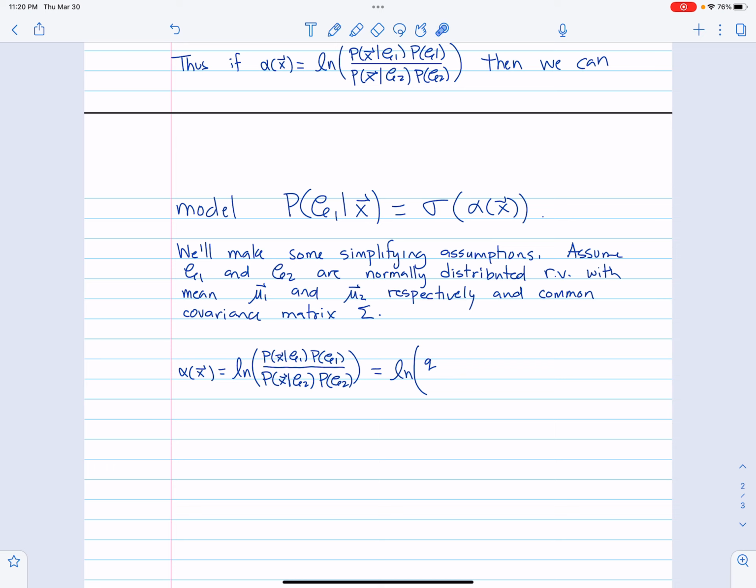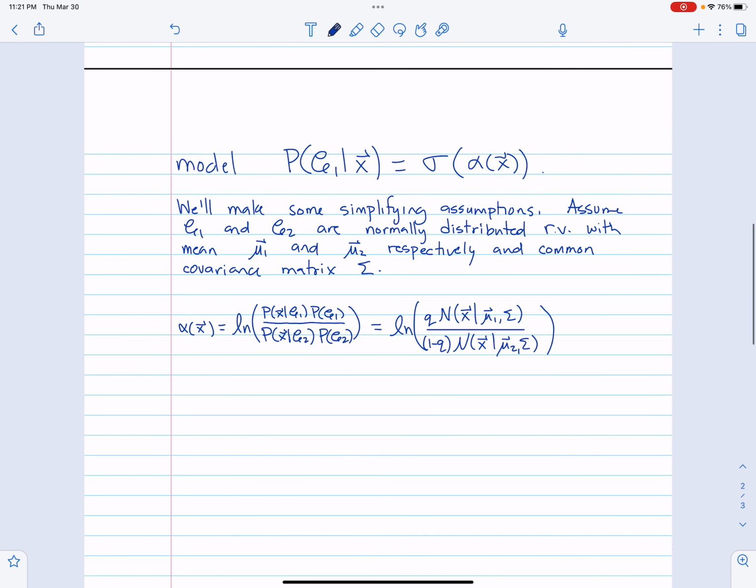And then this conditional probability is given by the normal distribution with mean mu1 and covariance matrix sigma. Okay, and then on the bottom, if the probability of being in class 1 is q, then the probability of being in class 2 is going to be 1 minus q. So we get a 1 minus q on the bottom times, again, the normal distribution with mean mu2 and covariance matrix sigma. Okay?